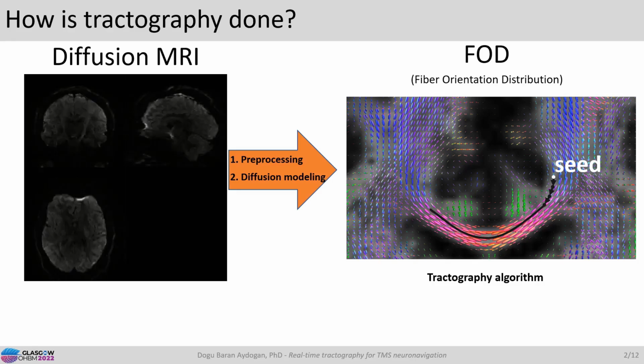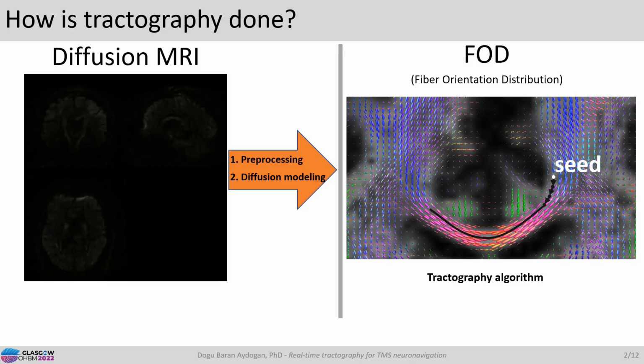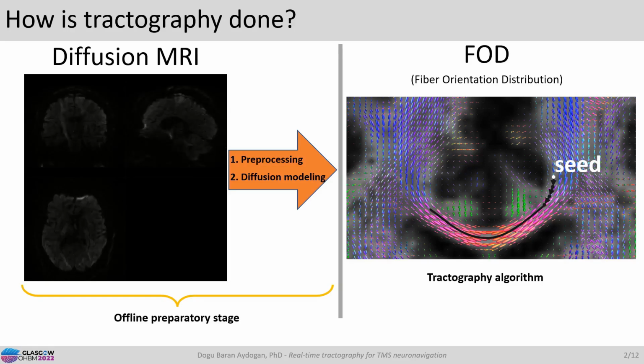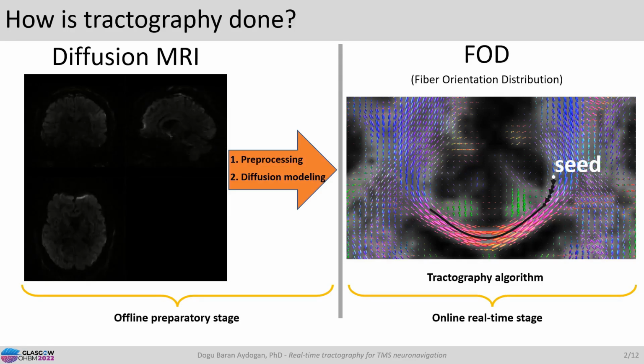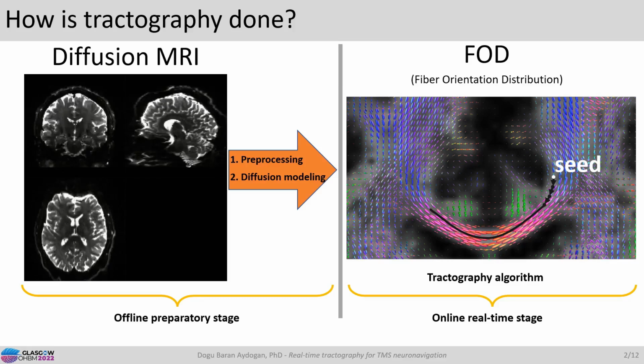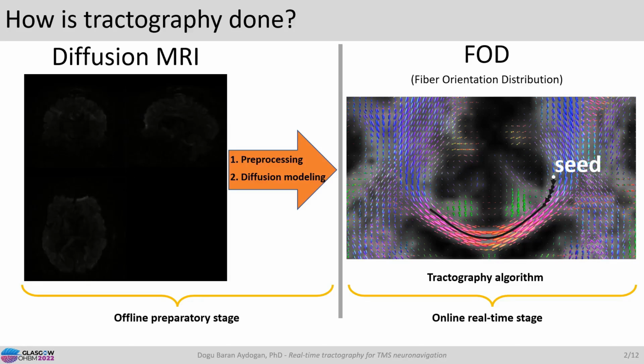What we do, of course, is to do the few hours long pre-processing and the diffusion modeling part in advance. So we only do the tractography part during real-time operation, which takes milliseconds for one streamline. In short, we use exactly the same tractography methodology and algorithm in real-time tractography, and there is no compromise made to gain speed.